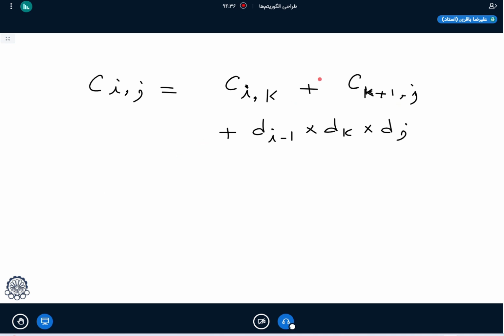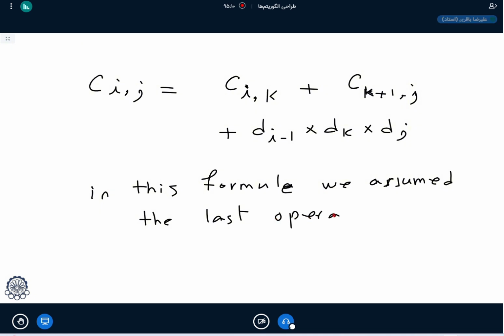In this formula, we assume the last operation is between Mk and M(k+1).